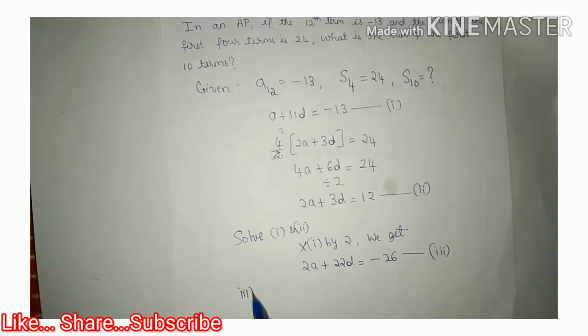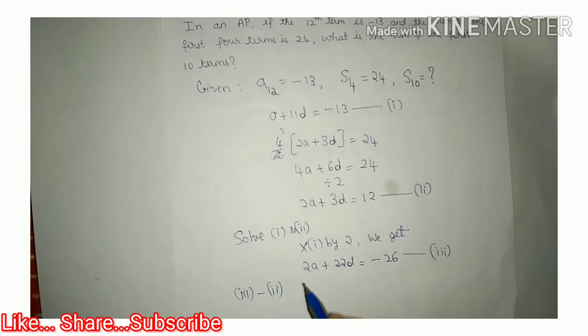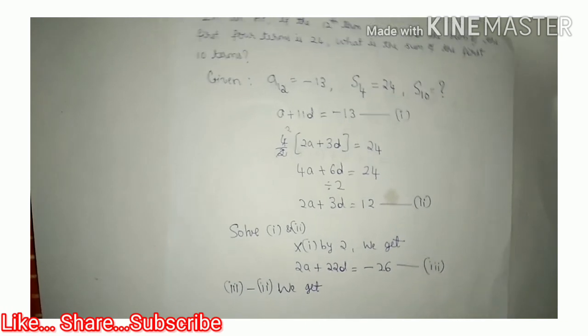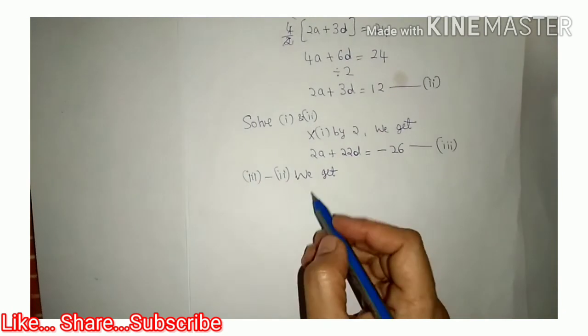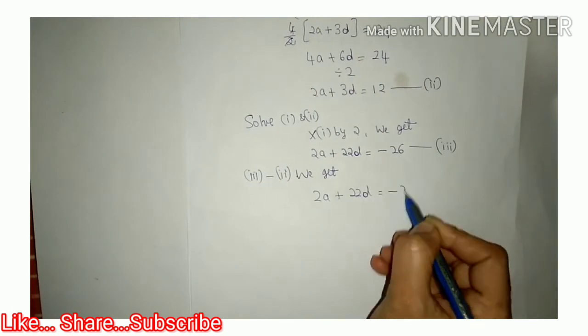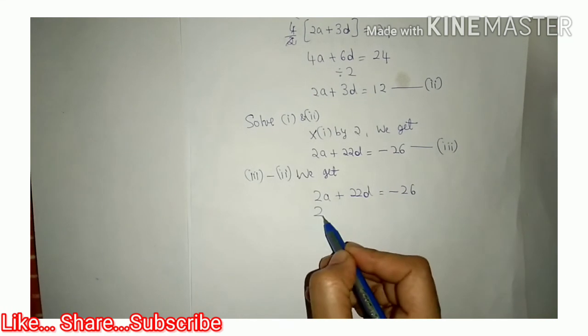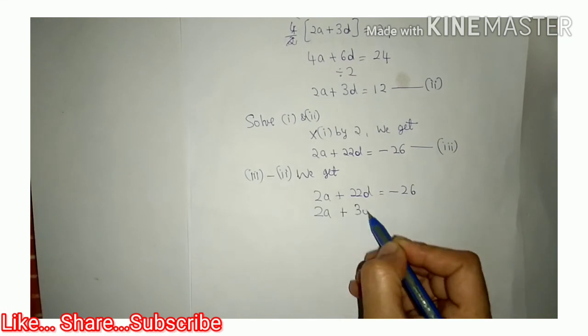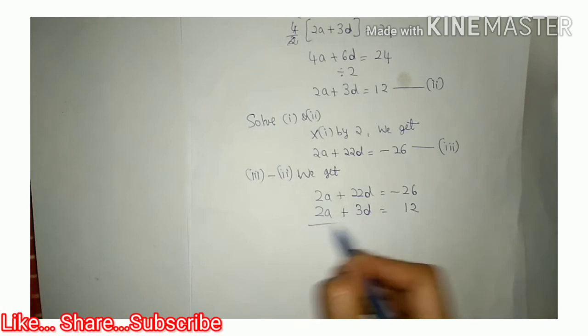Equation 3 minus equation 2: 2a plus 22d is equal to minus 26, 2a plus 3d is equal to 12.